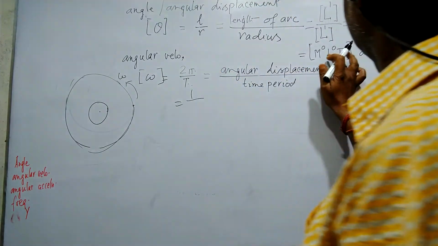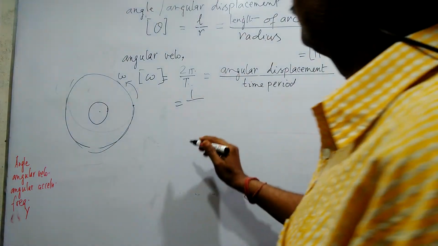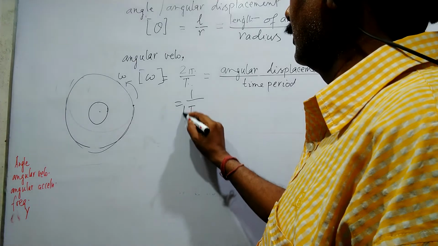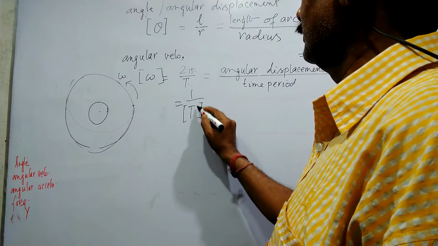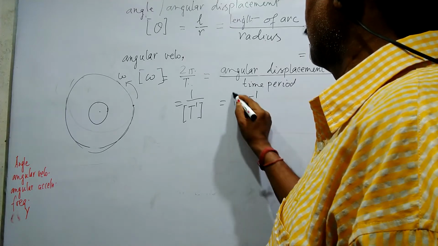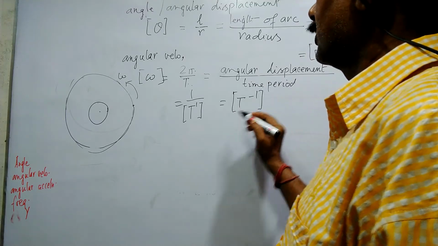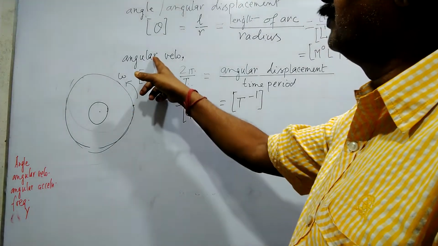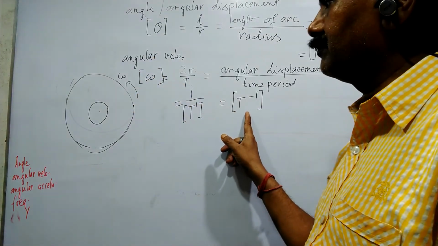And this is the time period. The dimension of time period is what? T, that is 1. Then this is T to the power minus 1. The dimensional formula of angular velocity is T to the power minus 1.